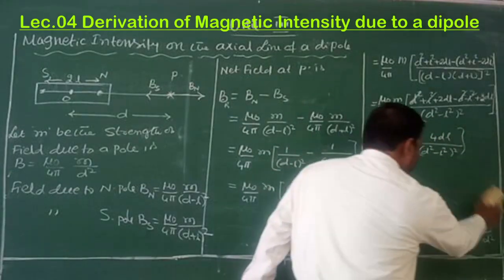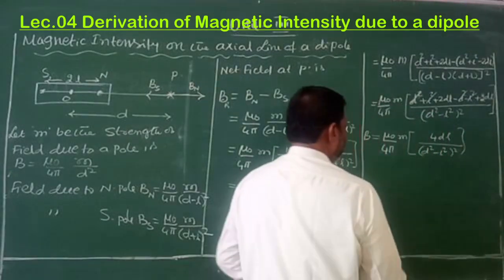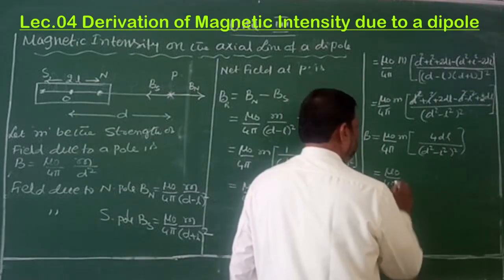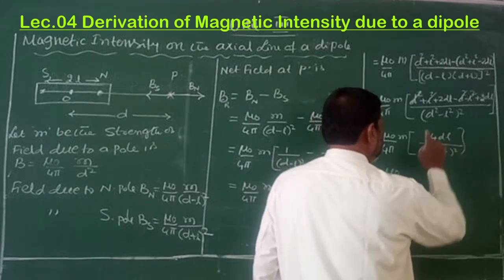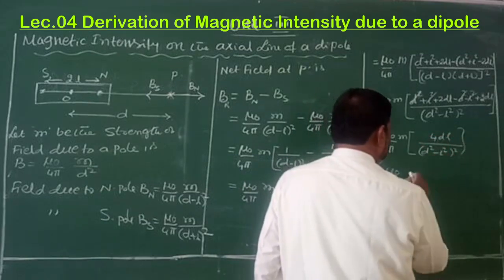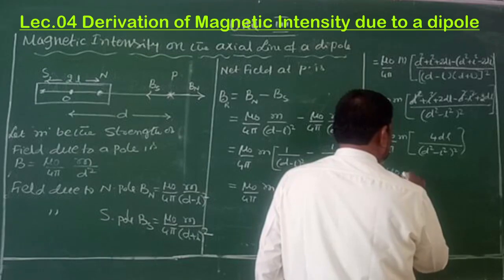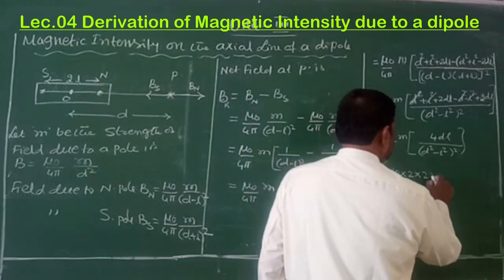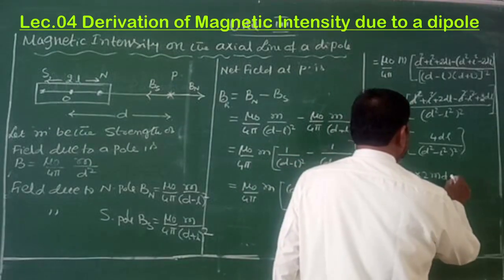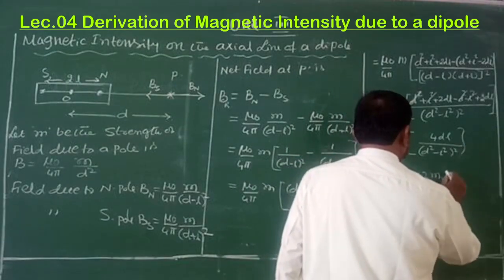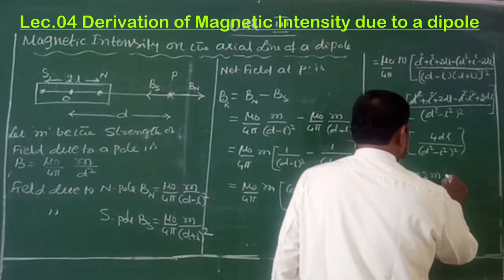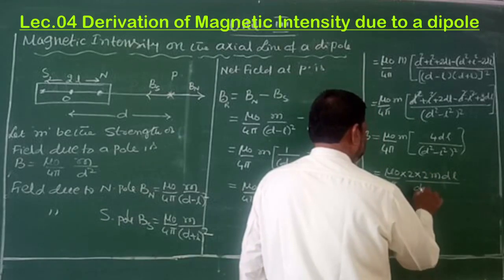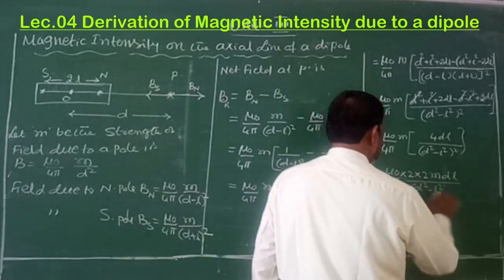Now we simplify this again. You get mu naught divided by 4 pi. I can write the 4 as 2 into 2, so it is 2 m d into L divided by d square minus L square, whole square.